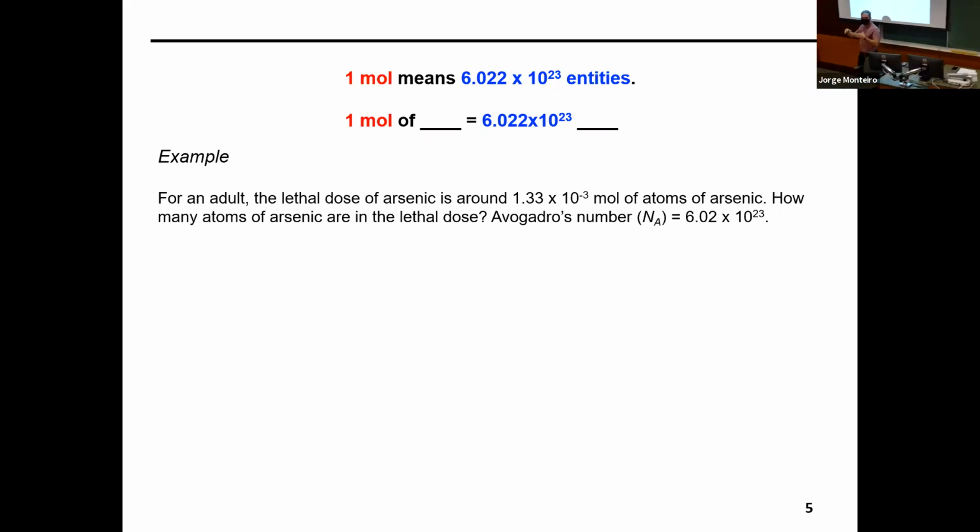Okay, so knowing the conversion factor, now if you have the number of moles of atoms, you can find the other part of the equation.